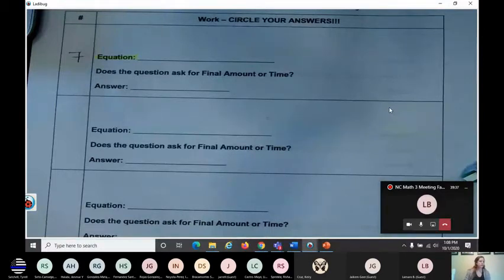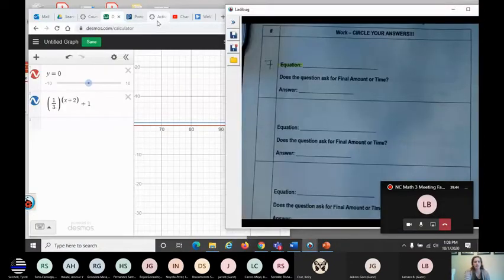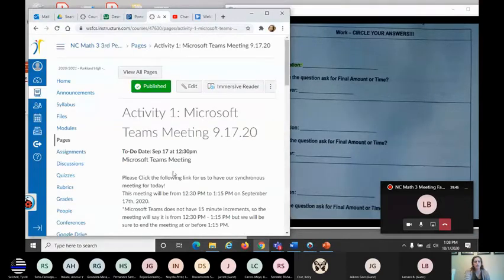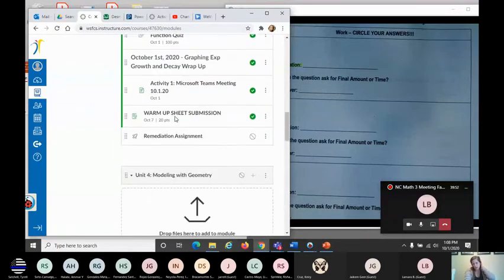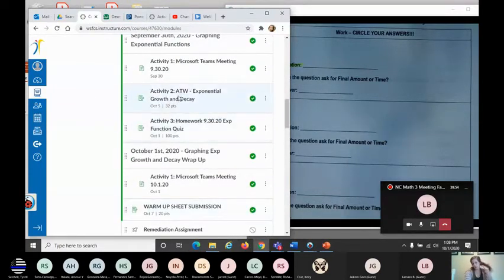Okay. So in number 7, let me just go ahead and pull up number 7 on our activities so that you guys can see the problem in case you don't have it pulled up.